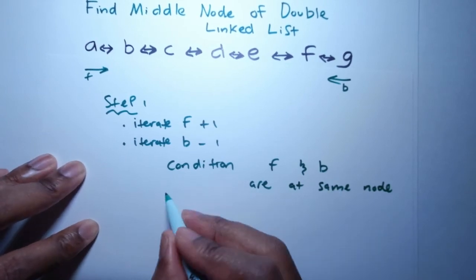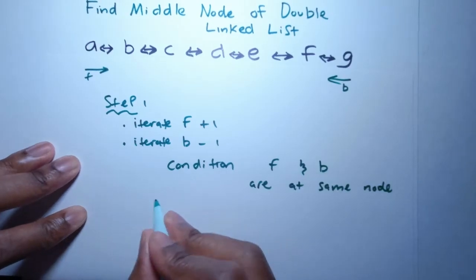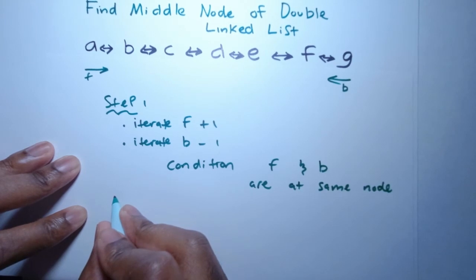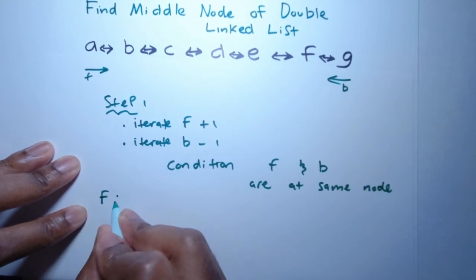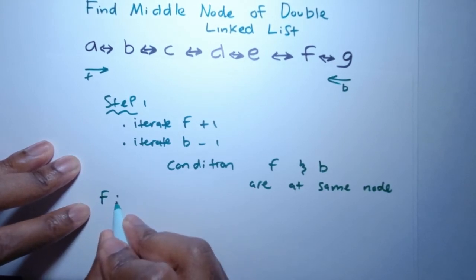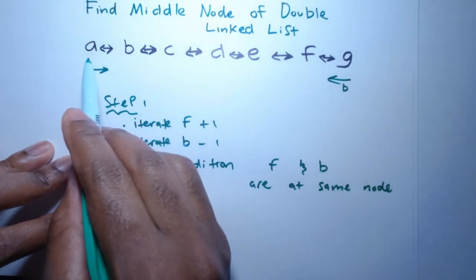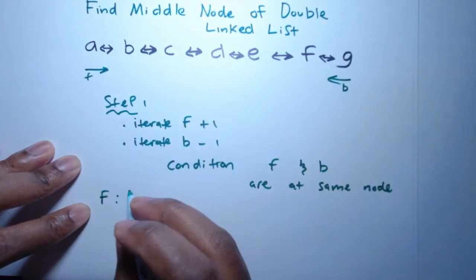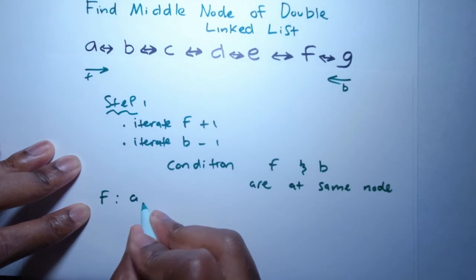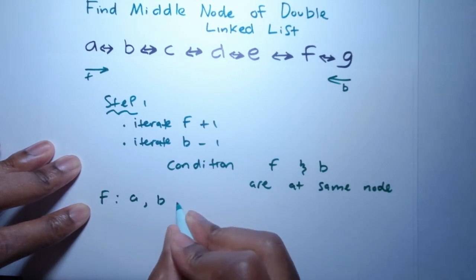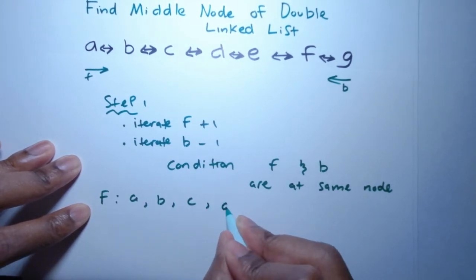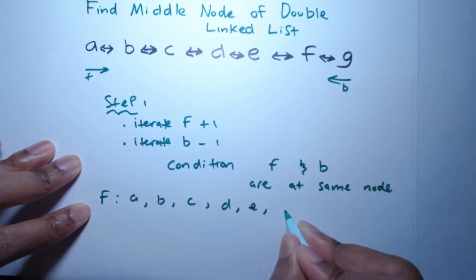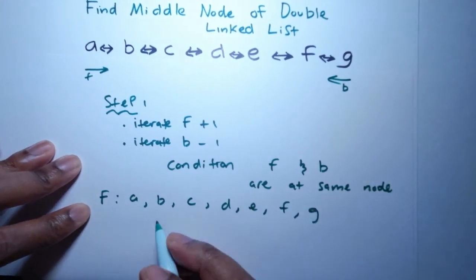So let's kind of look at this example here. What I'm going to do here is I'm going to write down the values that we get for F. So as we're moving from A all the way to G, I'm going to write these values down. So we'll have A, and then you'll encounter B, then you'll encounter C, D, E, F, and G, right?